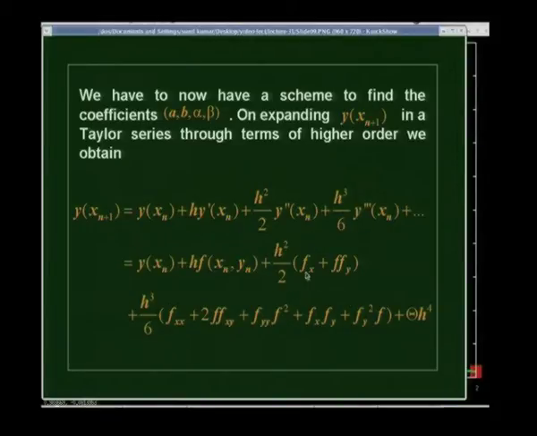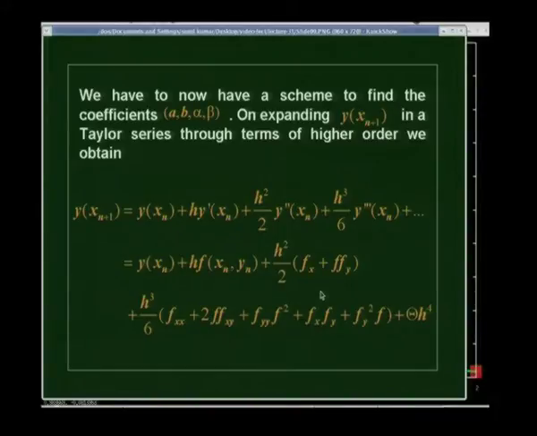So I get a second derivative of f with respect to x, and then I have the derivatives of these terms, that is f_x, and then f_xy into f. Similarly for this expansion I have to find the derivatives for the third derivative. That gives us a more complicated equation here, f_xx and so on, it will be 1, 2, 3, 4, 5 terms. So you can do this yourself.